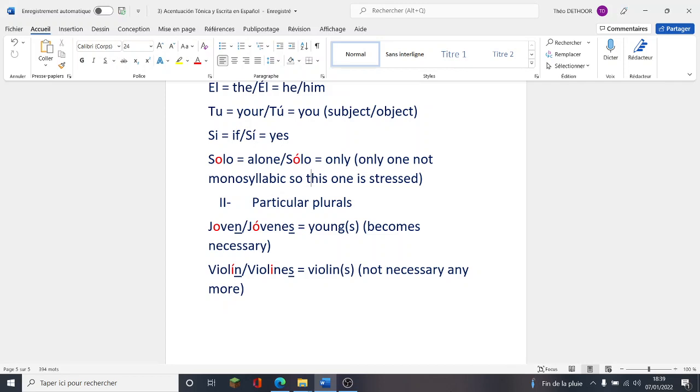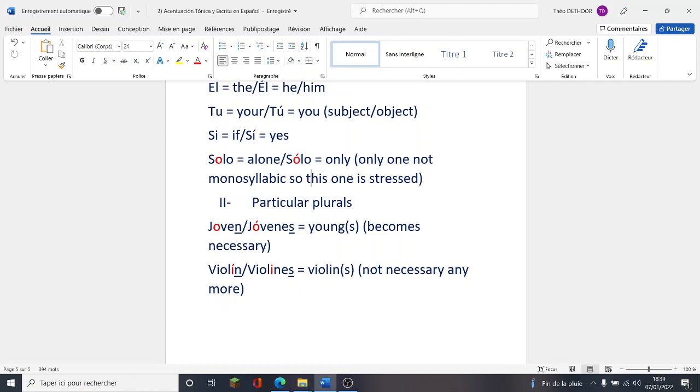So let's focus on the two examples I've chosen for you. The first one is joven, and in plural it is jóvenes. So in order for the O to be stressed in both cases, you need to add a written accent in the plural form, because if you don't do so, the plural form would be pronounced jovénes, and obviously we want it to be pronounced jóvenes, the same as for joven.